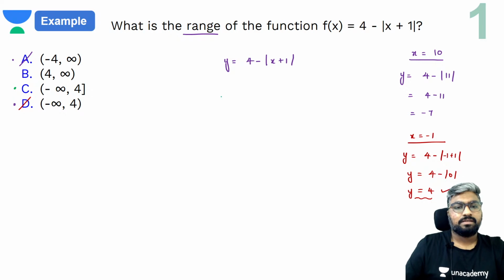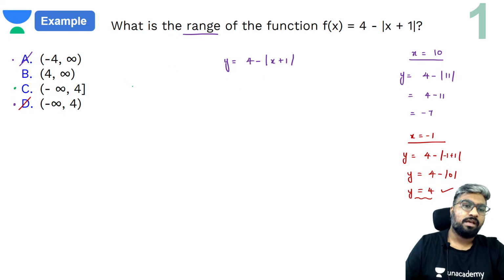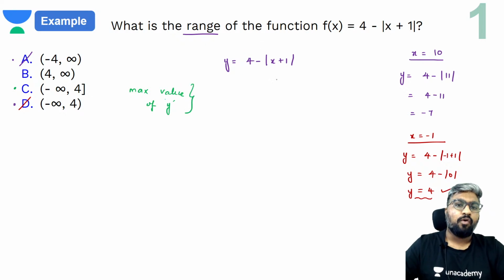To understand this, look at this. We are looking for the maximum value of y. Now how do we get the maximum value? Because it is 4 minus something, we have to ensure that whatever is in this part should be minimum.